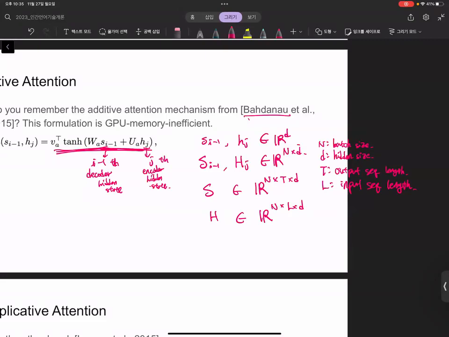Notice that this S and H have different sizes, but we have to add them. So we process S and H to make the same size, like n by T by L by d.